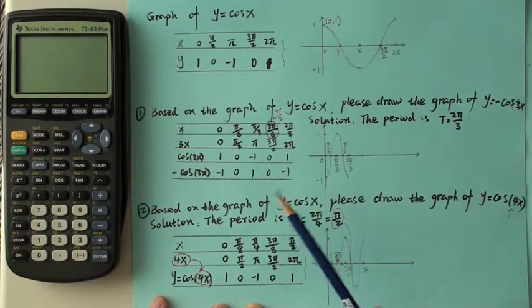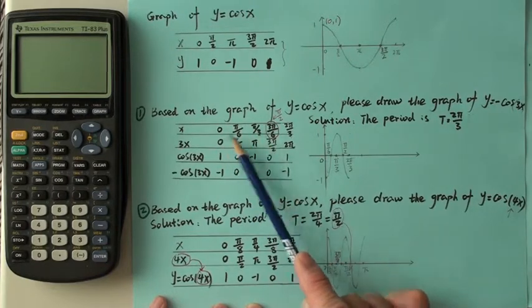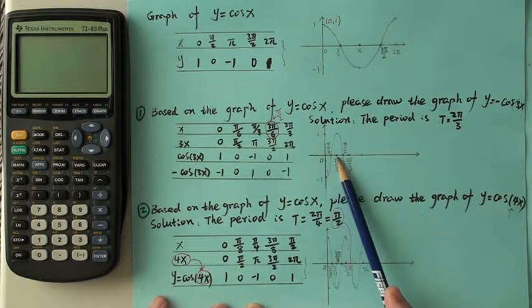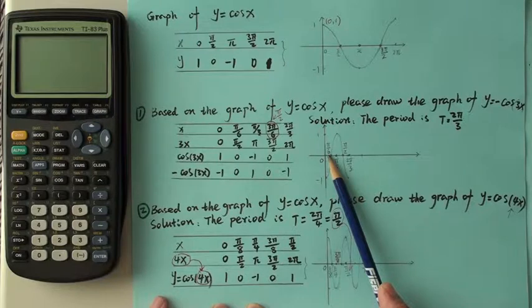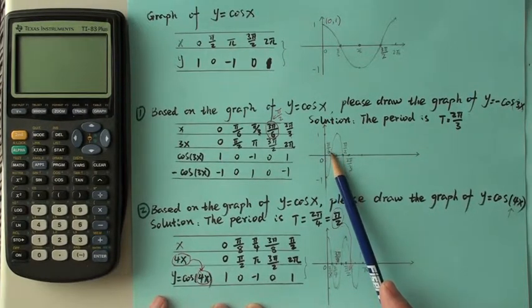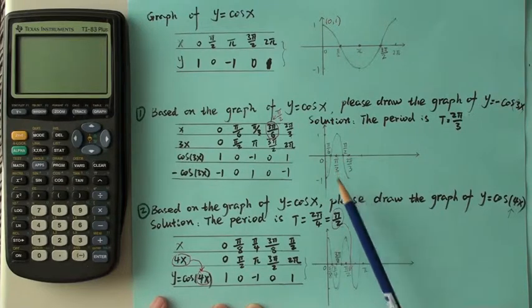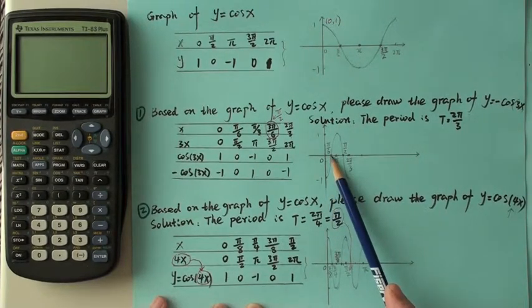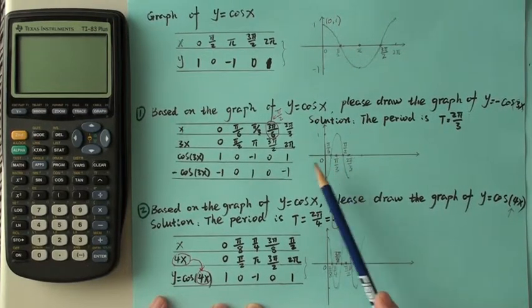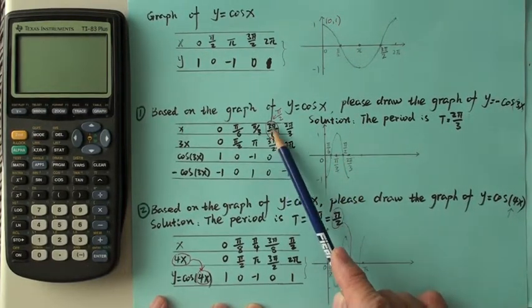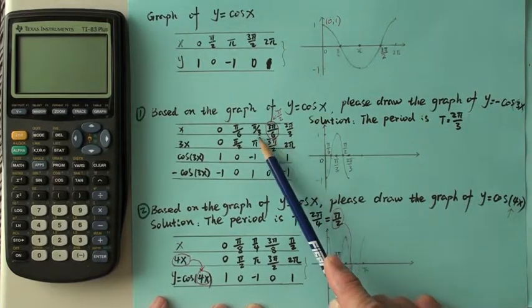Alright. Now, another middle point between 0 and pi over 3 is pi over 6. Okay? From 0 to pi over 6, you times 2, you get pi over 3. Pi over 6 times 2 is pi over 3. So this point is the middle point between those two. Again, the middle point between pi over 3 and 2 pi over 3 is what?